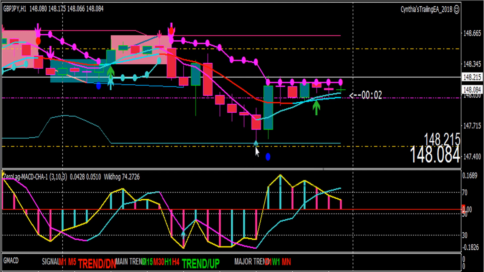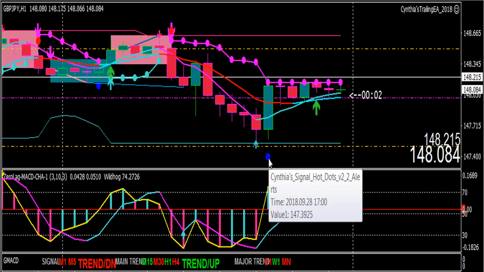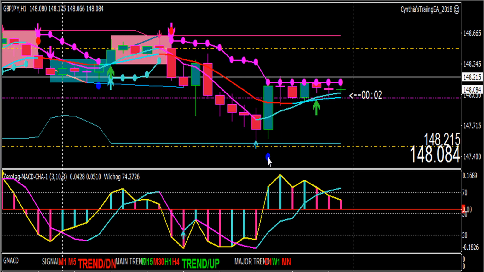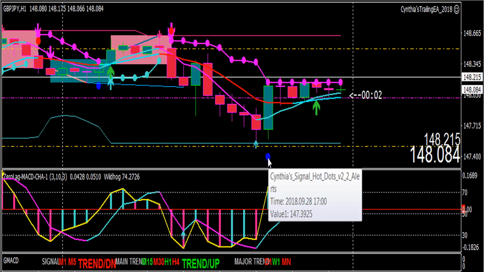So price literally bounced off the major key level, which happens to be the support, and then started to go up, and you had the blue hot dot to show you a reversal of trend, because the hot dot shows you the tops and the bottoms of current trends, and they can be used as an early reversal alert.